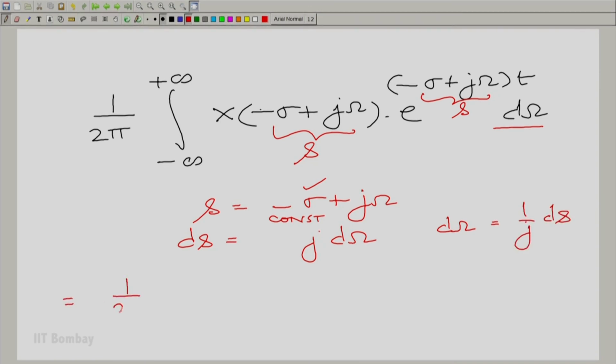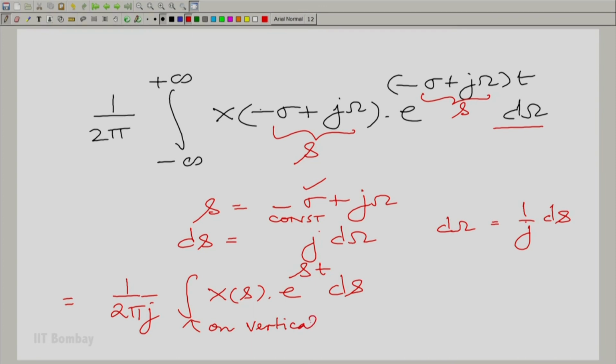So, we could rewrite this as 1 by 2 pi j integral x s e raised to the power s t ds, and s is on the vertical line, s equal to essentially minus sigma plus j omega in the ROC. We will see more in the next session.